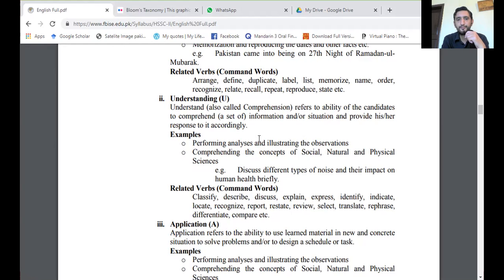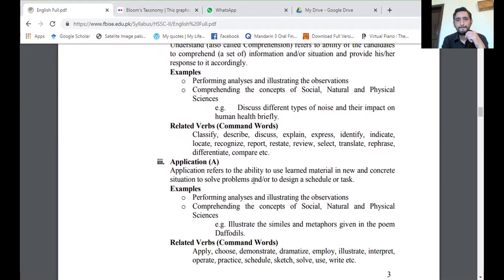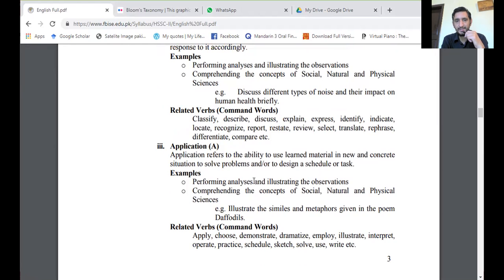Roughly given, comprehending the concepts of social, natural, and physical sciences. Discuss different types of noise and their impact on human health briefly. So yes, this is a question they should have given an English-based question. So when you write certain things, you demonstrate your understanding of the text in the comprehension question. That may be an example.